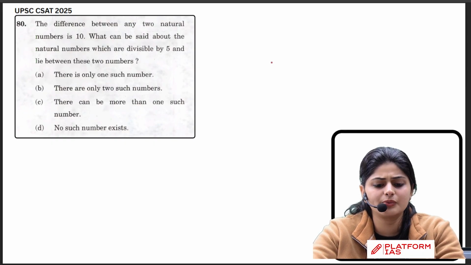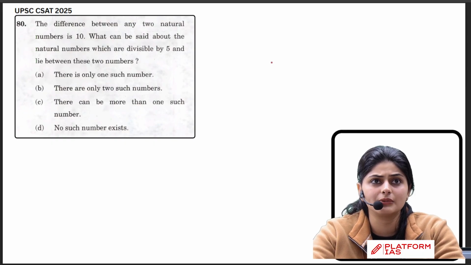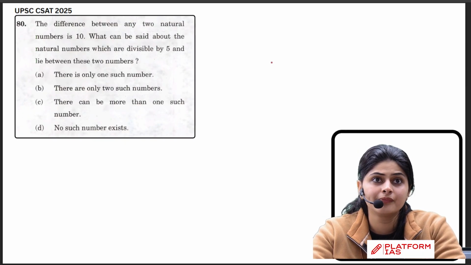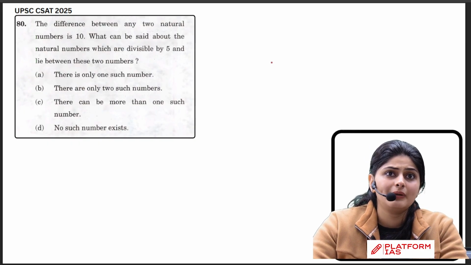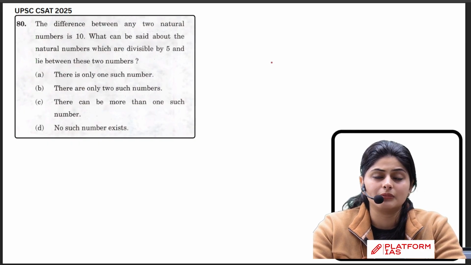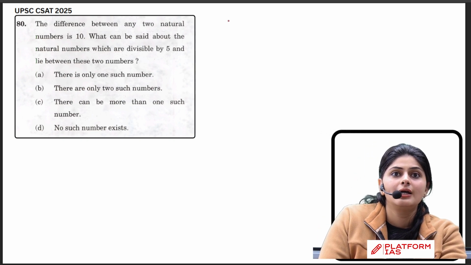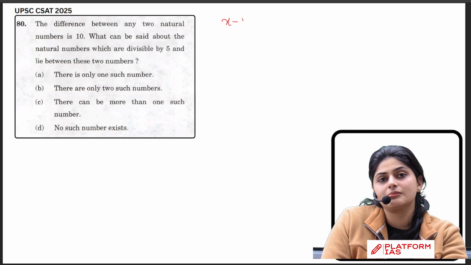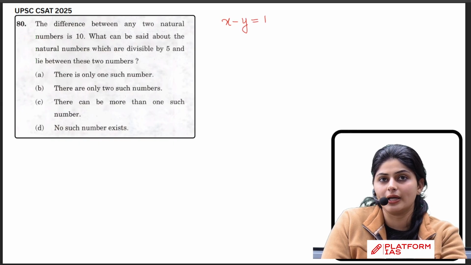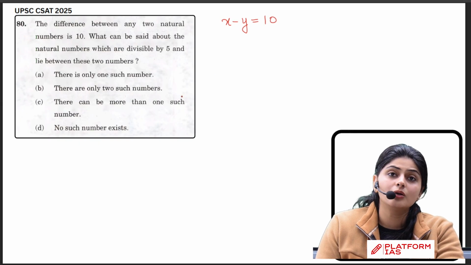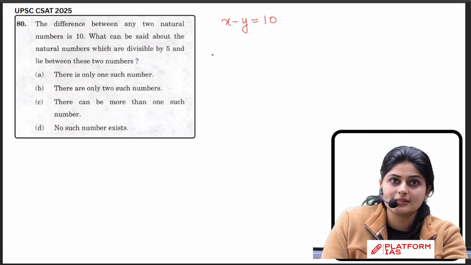The difference between any two natural numbers is 10. What can be said about the natural numbers which are divisible by 5 and lie between these two numbers? Let the natural numbers be x and y, and the difference, that is x minus y, is 10. Now, there are many solutions for this.